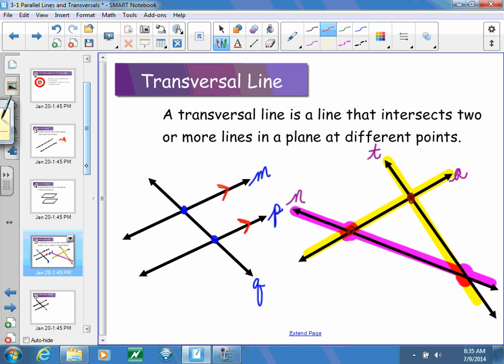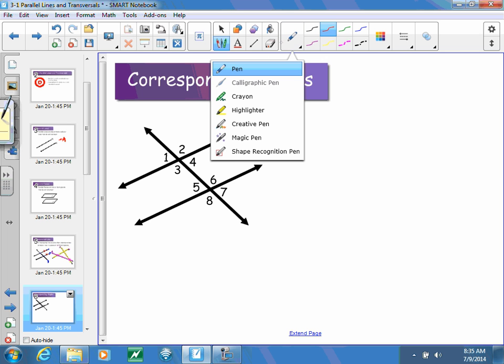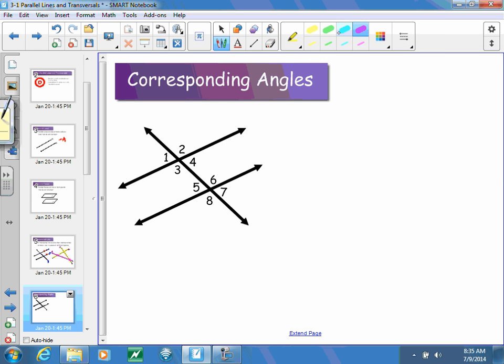So now we're going to get into some different angle relationships that occur when we have two lines and a transversal. The first one's going to start out with corresponding angles. What I am referring to here is the angles that I like to think of as being in the same corner. So if I start at angle 1, notice that this transversal is creating 8 angles.